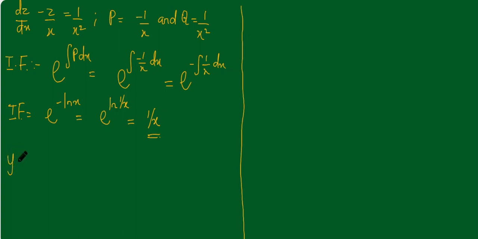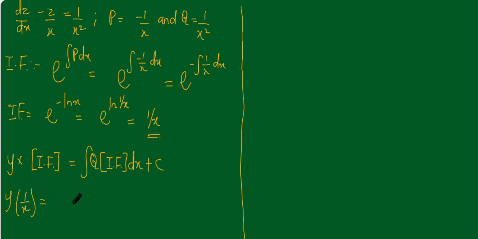So our solution is y multiplied by the integrating factor is equal to the integral of q multiplied by the integrating factor with respect to x plus c. So we have y multiplied by 1 over x is equal to the integral of 1 over x squared multiplied by 1 over x with respect to x plus c.